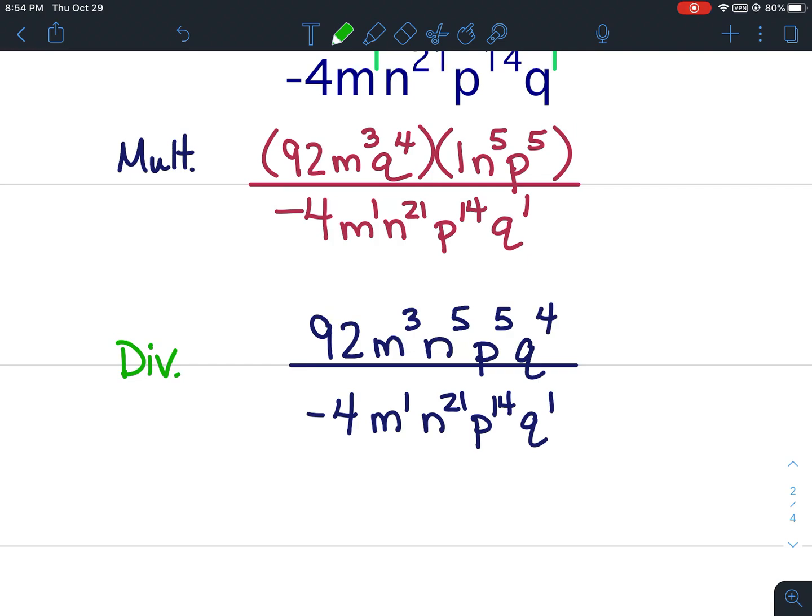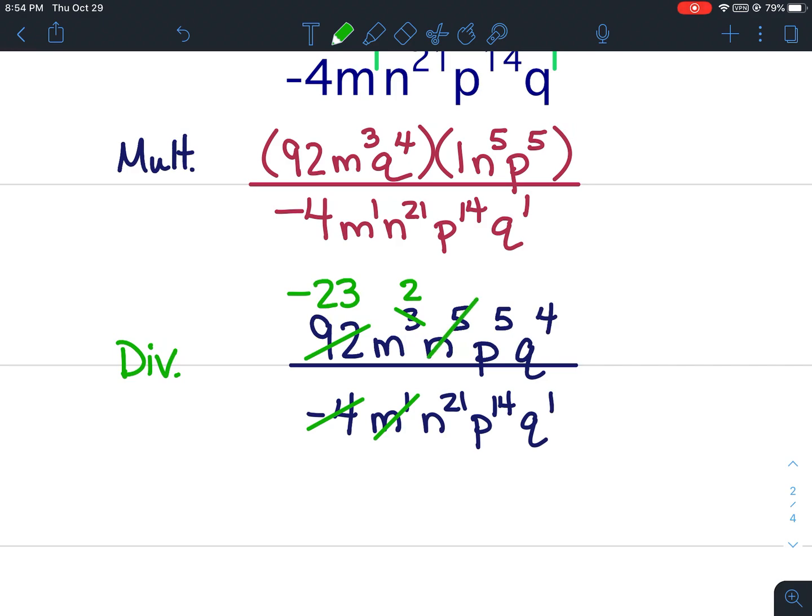92 over -4 is -23. So that goes in the numerator, sorry. M to the first is the smaller exponent. It gets completely crossed out. 3 minus 1 is 2.